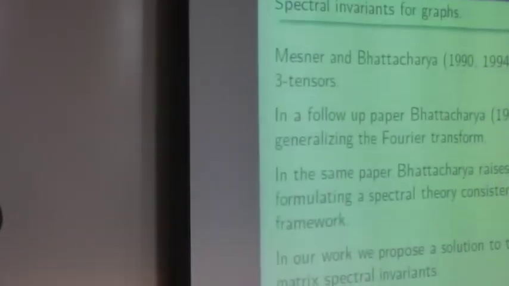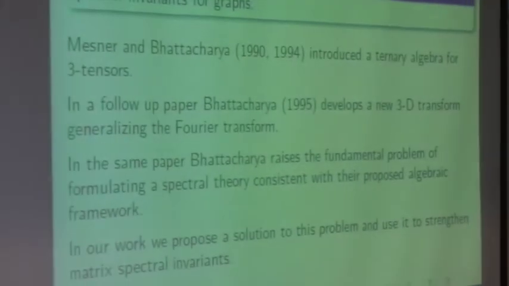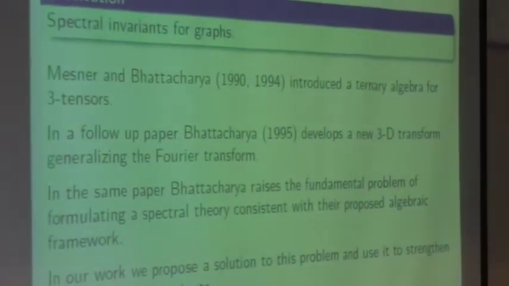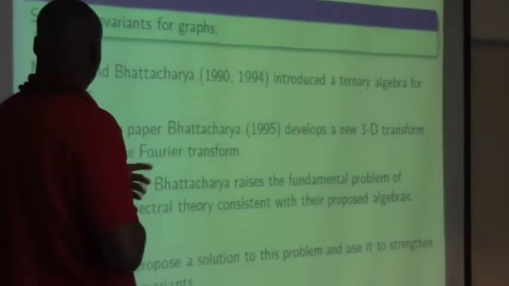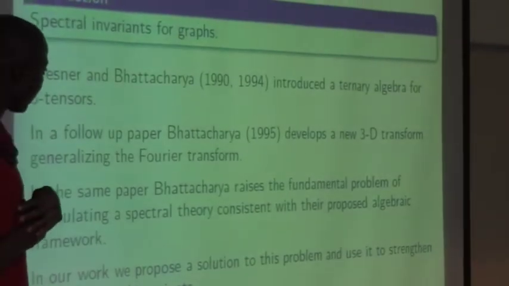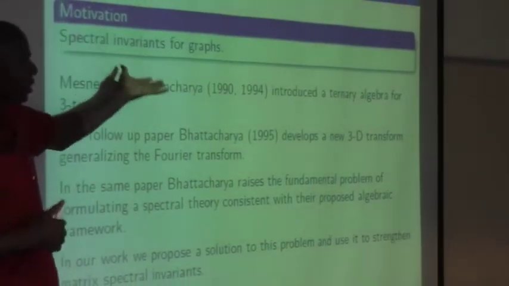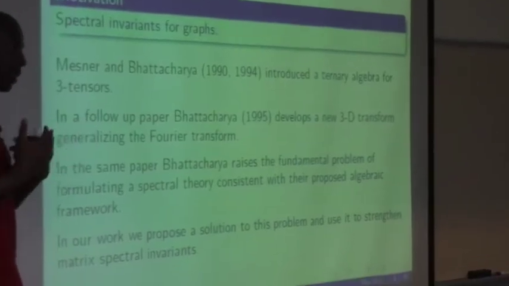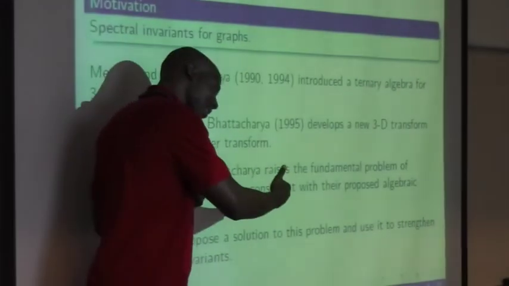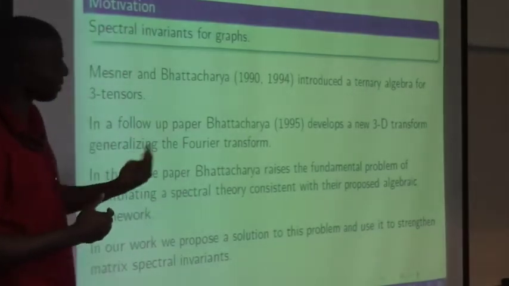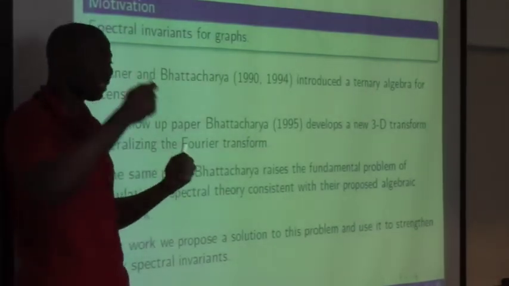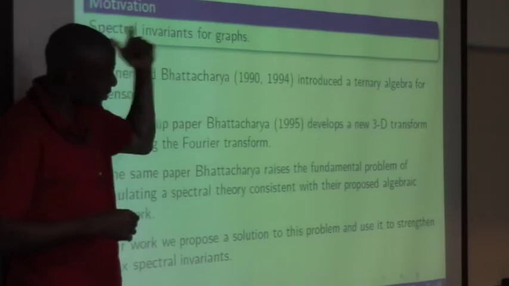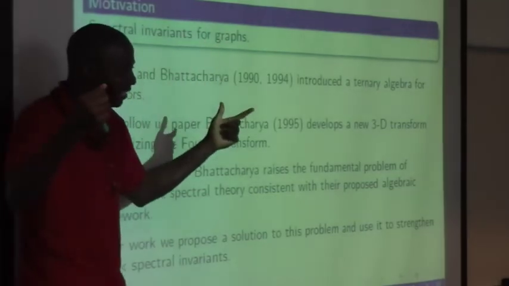Now let's get a sense of our motivation. How did we get here? Four years ago, I started this project where what we wanted to do is find good descriptors for graphs. Graphs are a collection of vertices and edges. The way to think about them is a collection of cities and their roadmaps. So I tell you, there's a way of going from New Brunswick to Princeton.